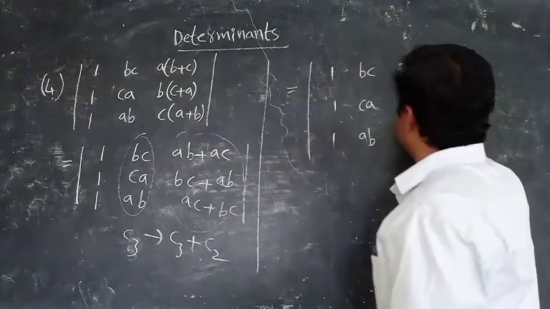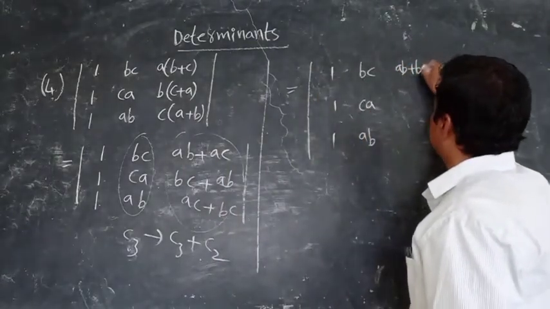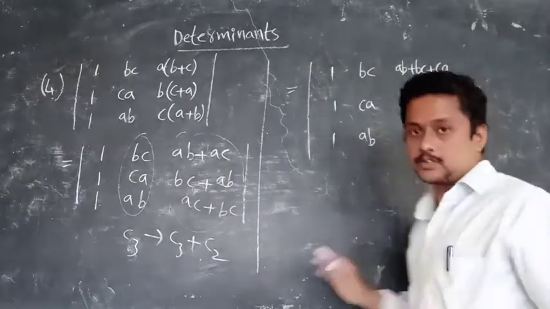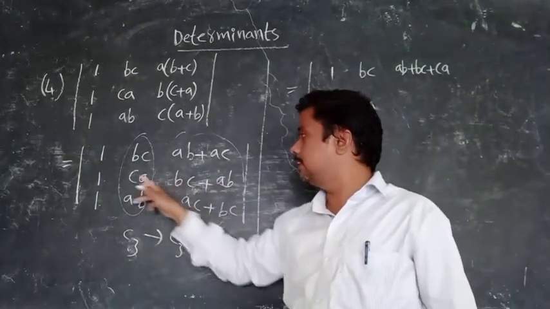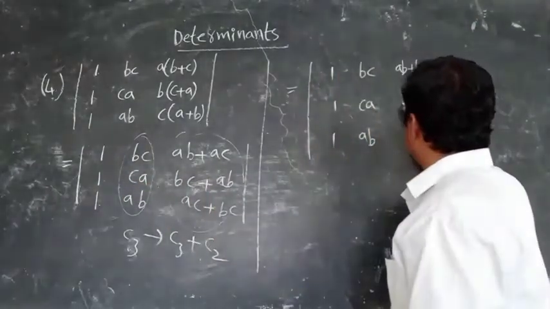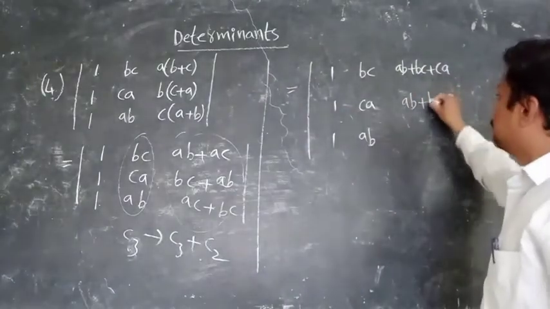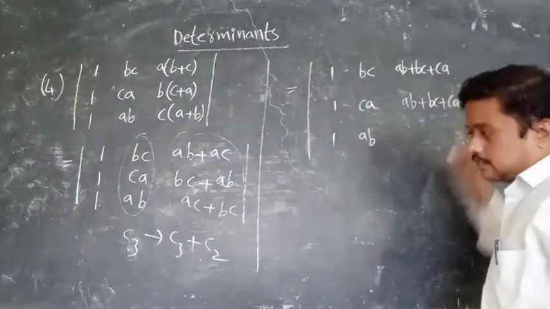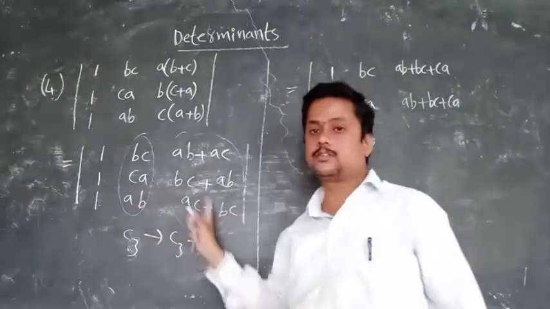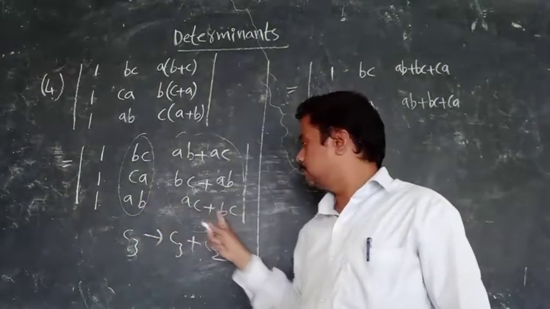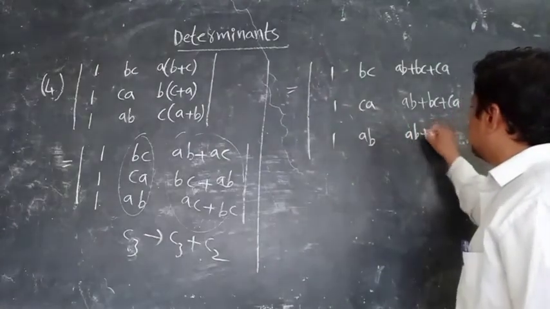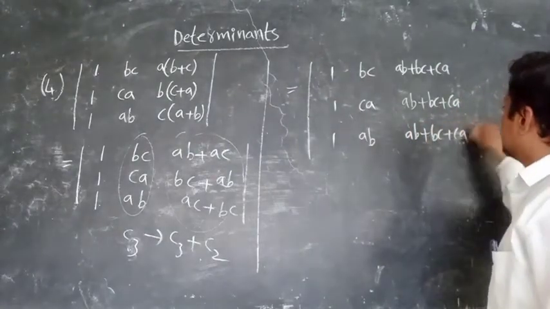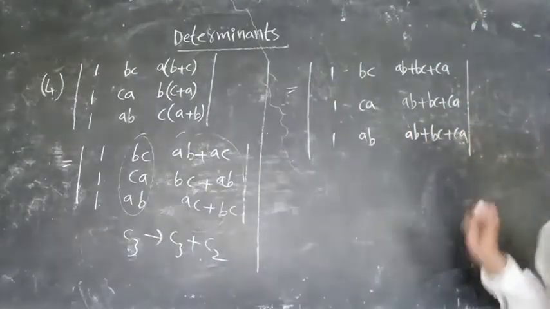Write down like this: AB plus BC plus CA. Next, add these two: AB plus BC plus CA. Next, add these two things: AB plus BC plus CA, same. Okay, like that we have it.